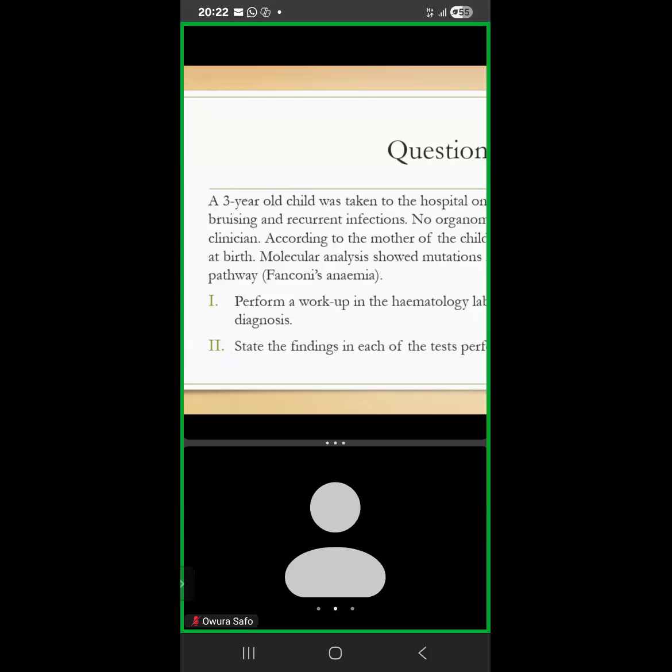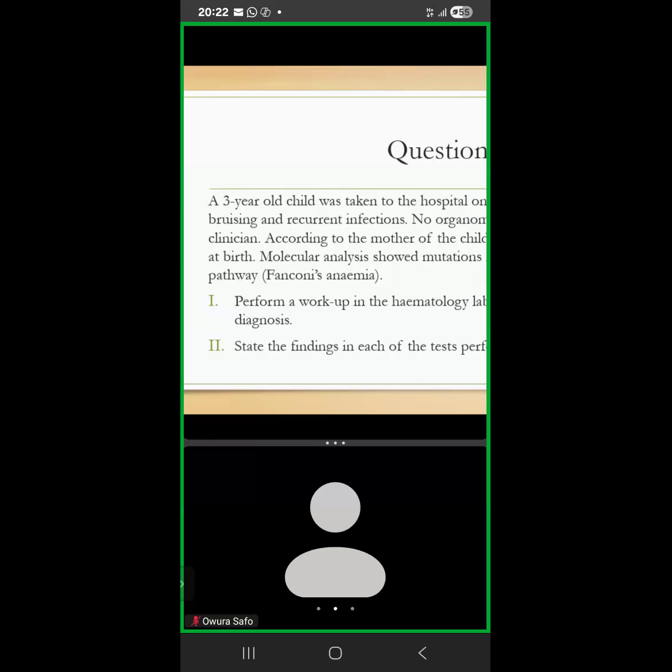Apart from what it does everywhere else, I'm concerned with what it does in hematology. It leads to bone marrow failure, and it is the reason that we have the pancytopenia. So these are what workups are about.